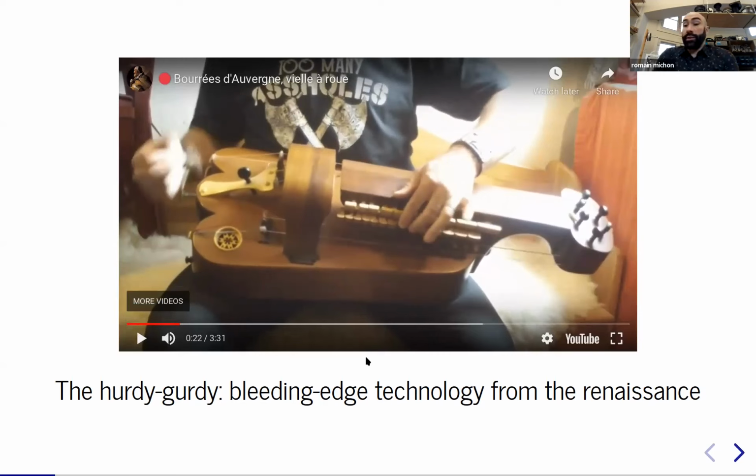Anyway, what I think is really interesting here is that this musical instrument, once again, is from the 12th century, and as far as technology is concerned, this is a very, very, very advanced piece of technology for the 12th century. In fact, it's probably one of the most advanced pieces of technology that humans made at the time.